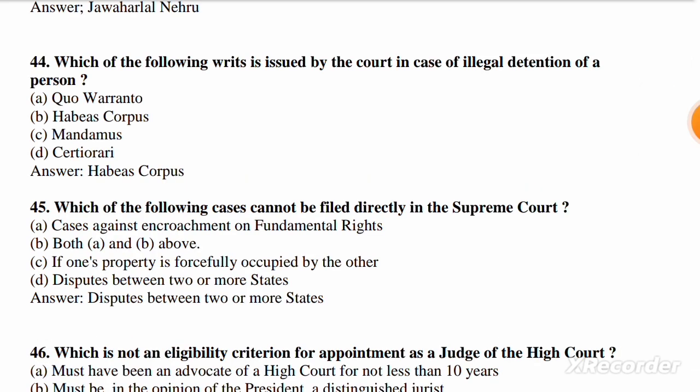44. Which of the following writs is issued by the court in case of illegal detention of a person? Answer: Habeas corpus. 45. Which of the following cases cannot be filed directly in the Supreme Court? Answer: Disputes between two or more states. 46.